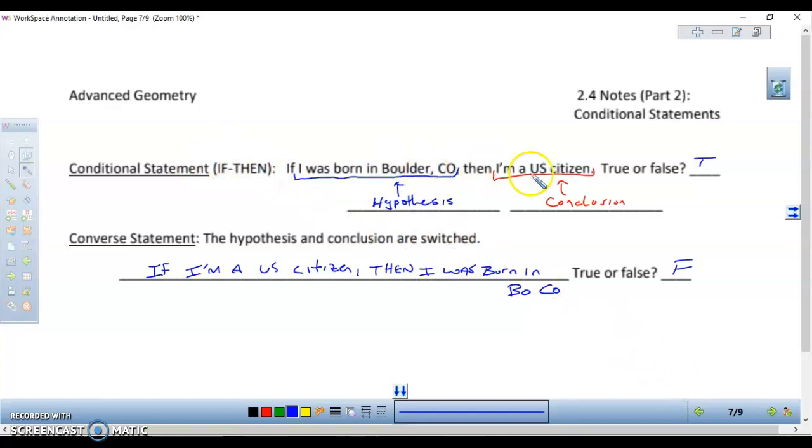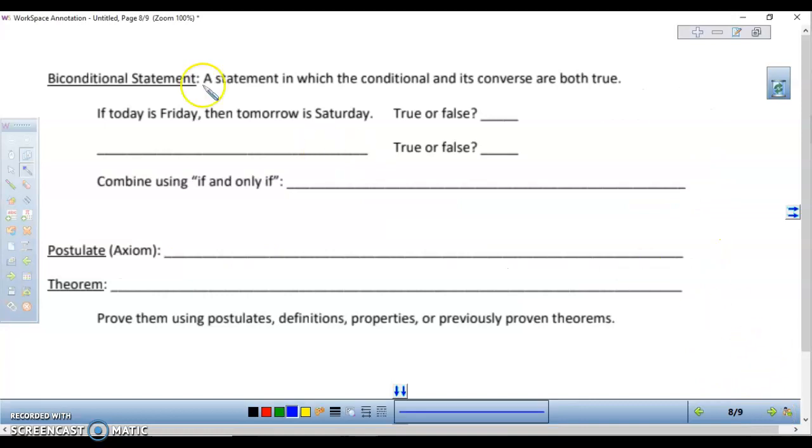So conditional statement and then a converse is when you switch the hypothesis with the conclusion. And the point to make here is that if a statement is true, its converse does not have to be true. A biconditional statement is a statement in which both the conditional and its converse are both true. So here's an example. If today is Friday, then tomorrow is Saturday. That is a true statement.